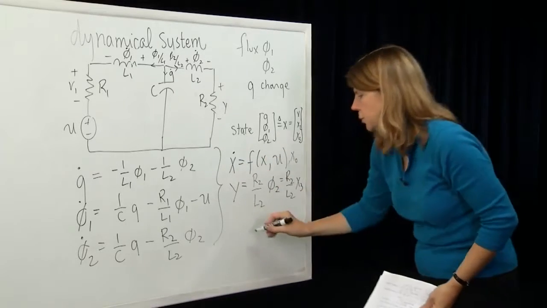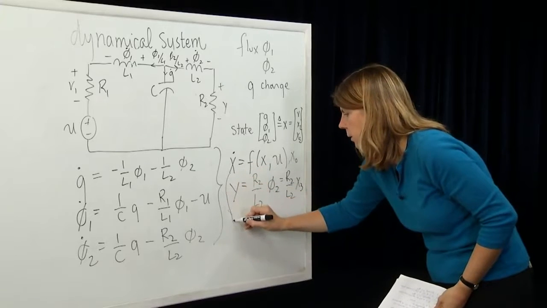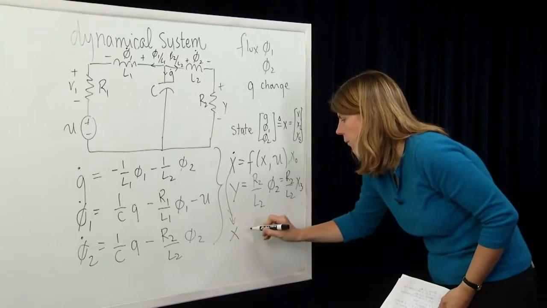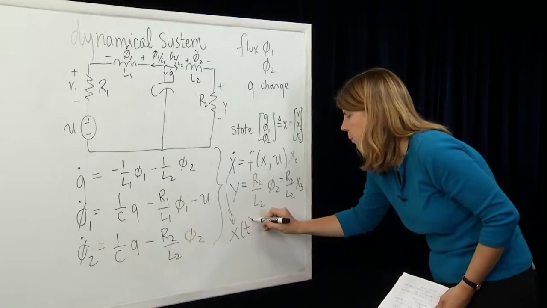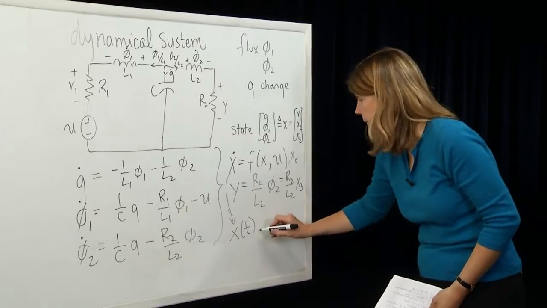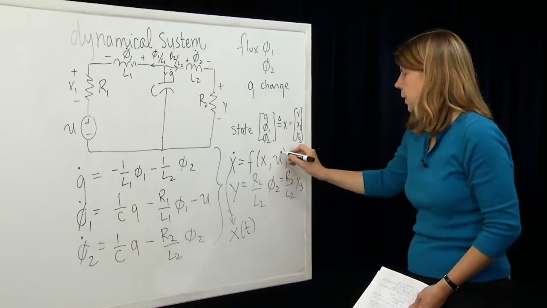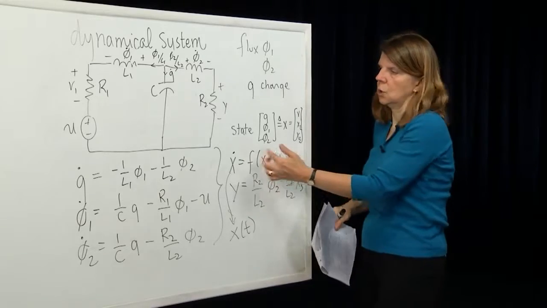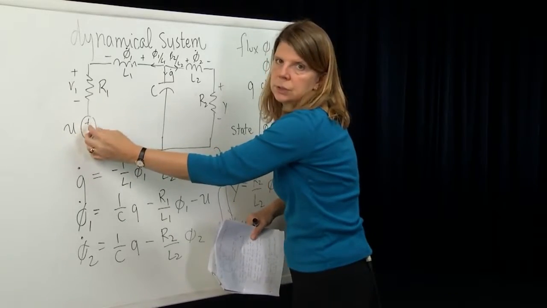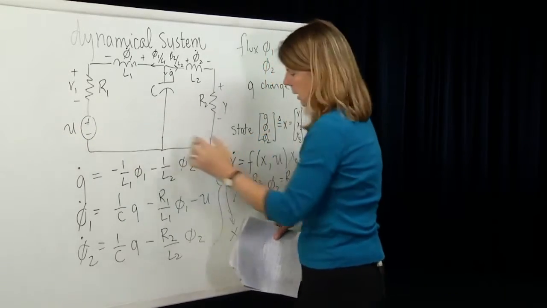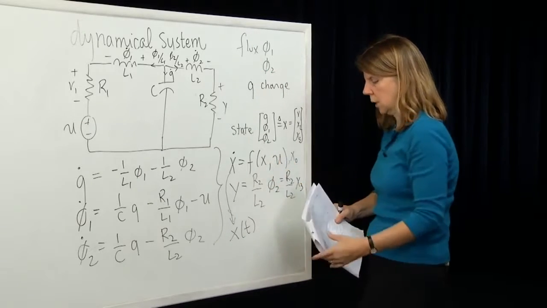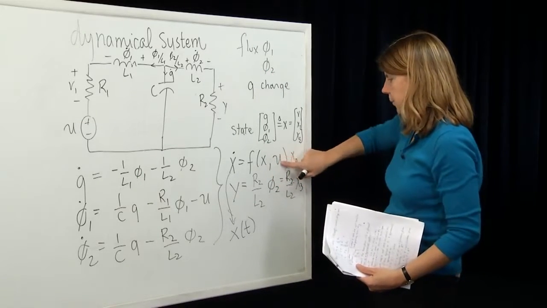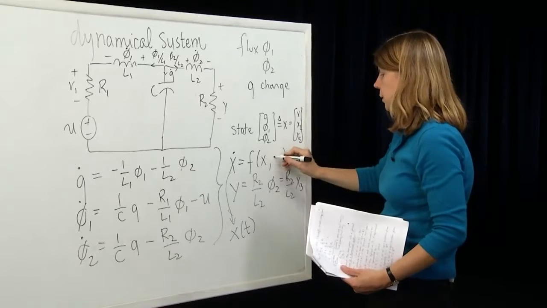So thinking back to what we've just done in previous modules, suppose we solved that differential equation and came up with a solution x of t. Suppose we had a known input voltage profile over time, which we plugged into our differential equation, giving some particular known u of t.